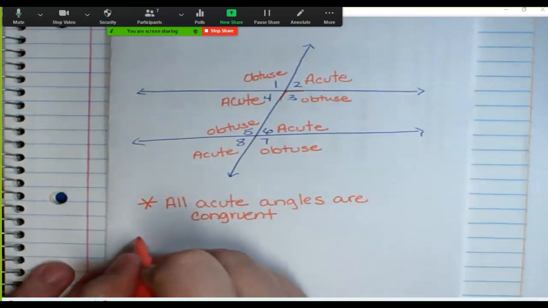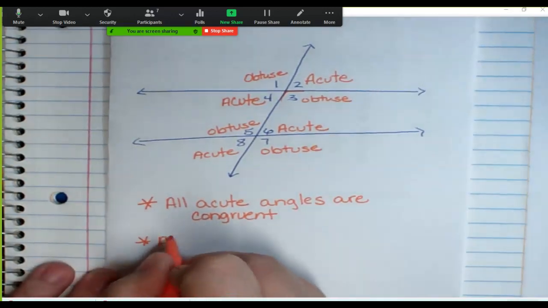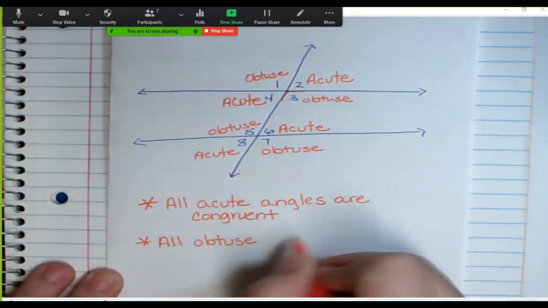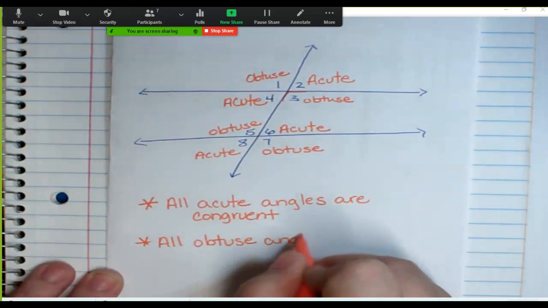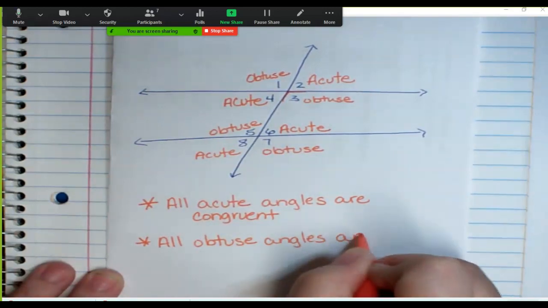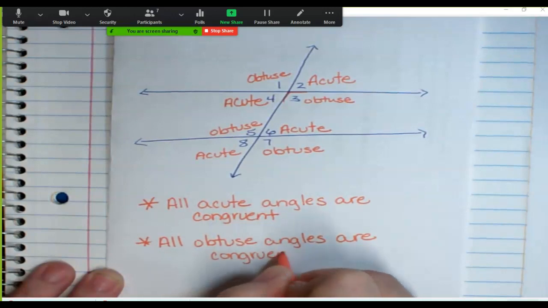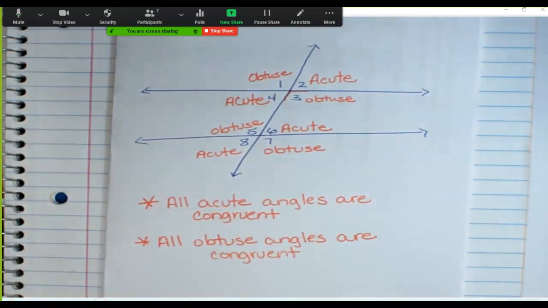Same thing for obtuse. All obtuse angles are congruent. So make sure you write down all acute angles are congruent and all obtuse angles are congruent.